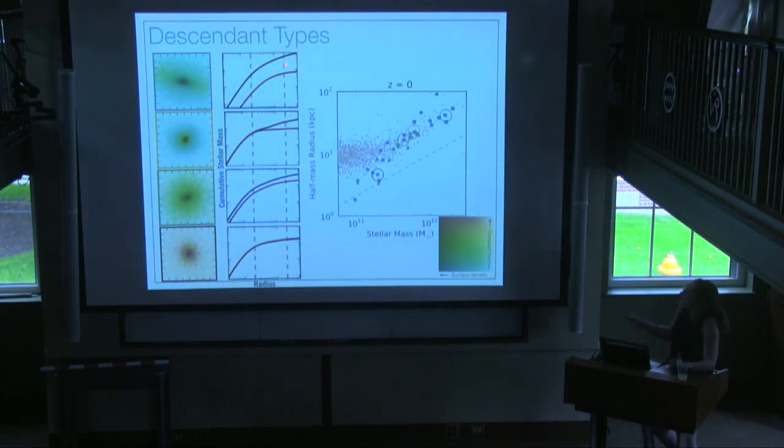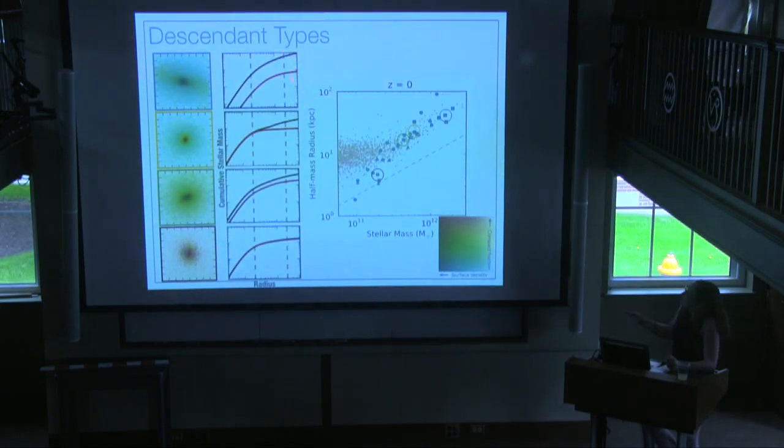This guy up here, the black line is well above the red line because the compact progenitor is just a small fraction of its descendant's mass. Here, it has a sizable and more or less constant fraction of the stellar mass at all radii, and here you can see that the compact galaxy dominates the core, but then there's a bunch of other stellar mass out at larger radii.